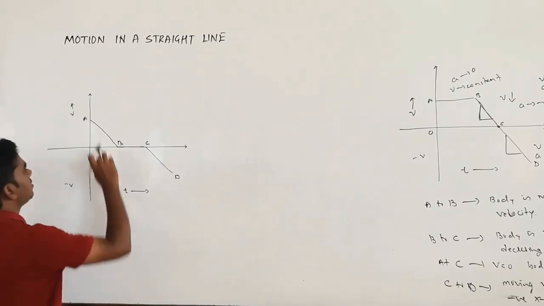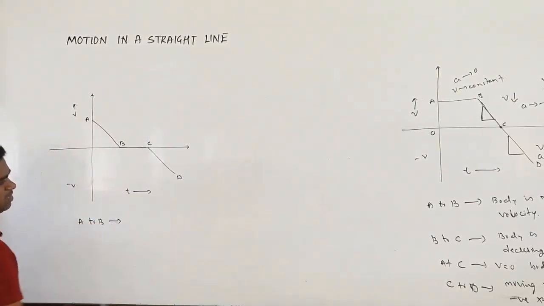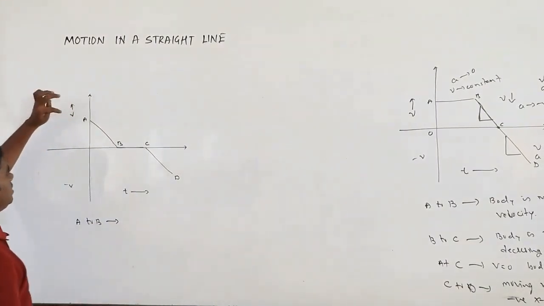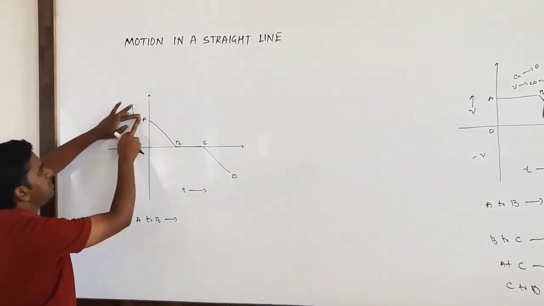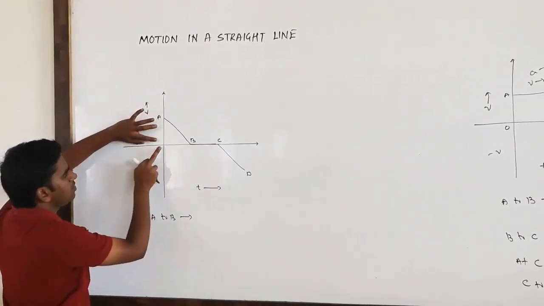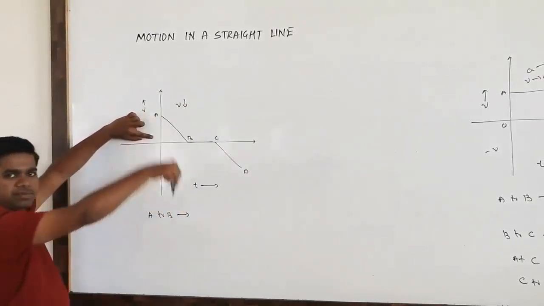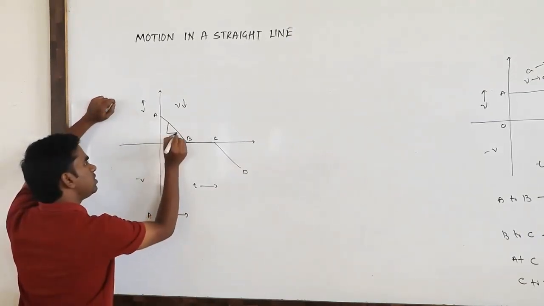Okay. First from A to B. What is happening from A to B? See here. Velocity is what? If it is 50 here, it is coming 40, 30, 10, 0 like that. So velocity is decreasing. What about the slope? Slope is positive or negative?